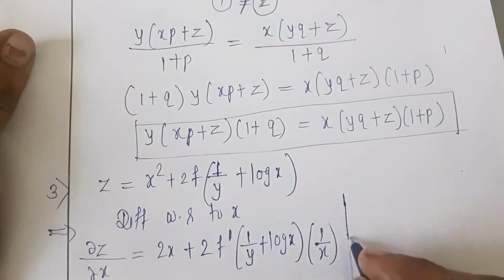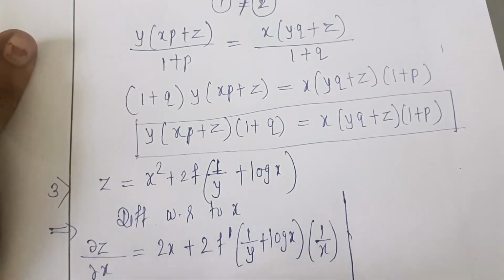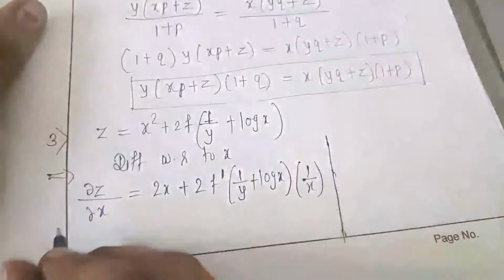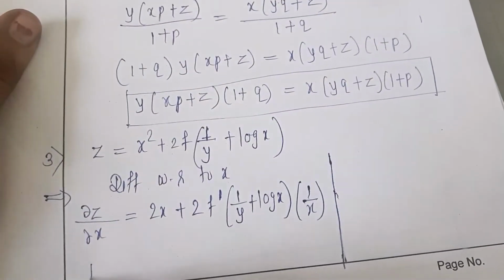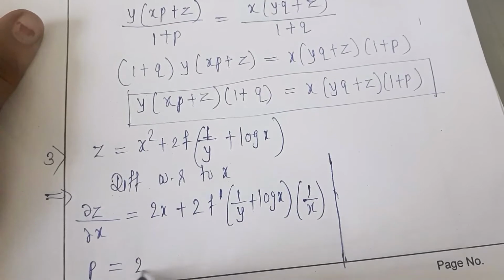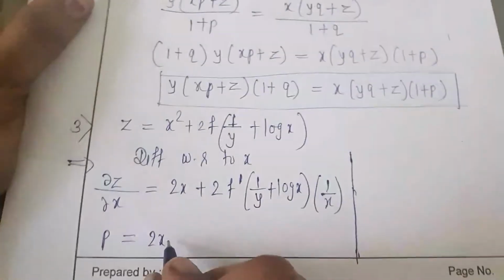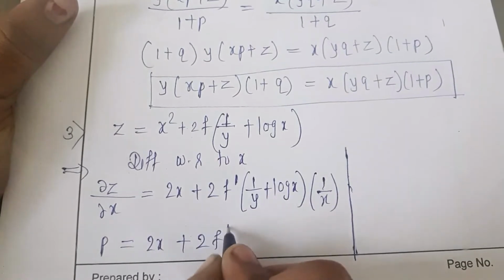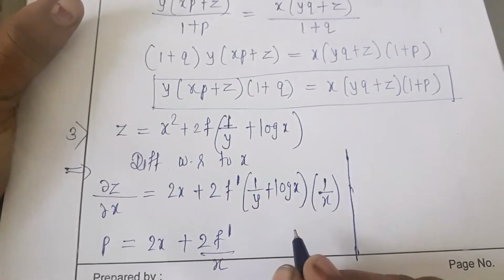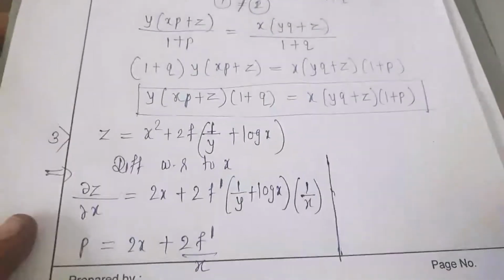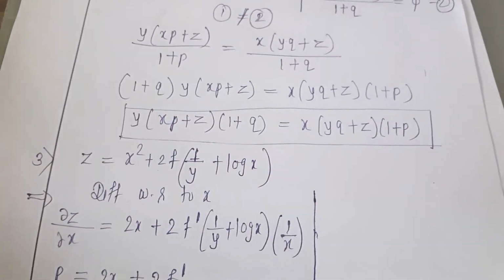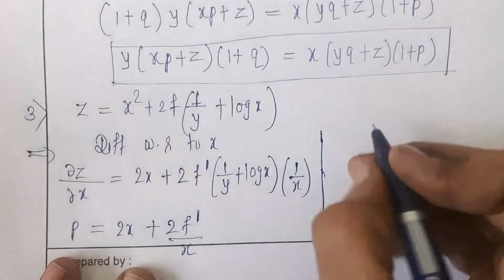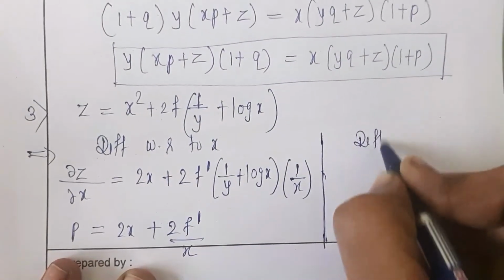Next, simplify it. Del z by del x is p, and p is equal to 2x plus 2 times f dash divided by x. Next, differentiate partially with respect to y.